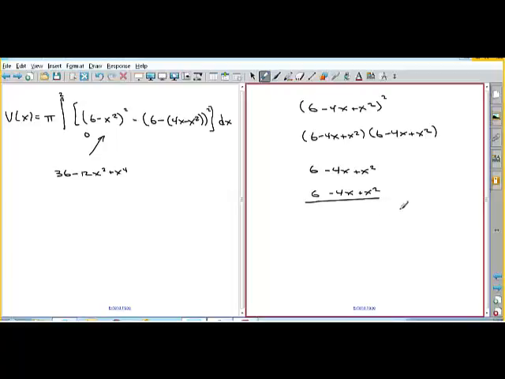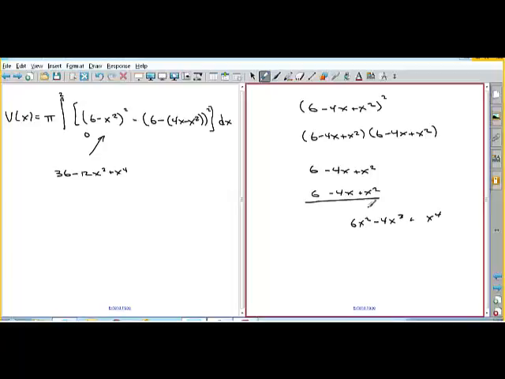Actually, you are doing the same thing, it's just in a column format. So here I would have x to the 4th. I'm going to take x squared and multiply each one of these. So I get x to the 4th minus 4x cubed. So take x squared times negative 4x. And then I have 6 times x squared. So I get 6x squared.